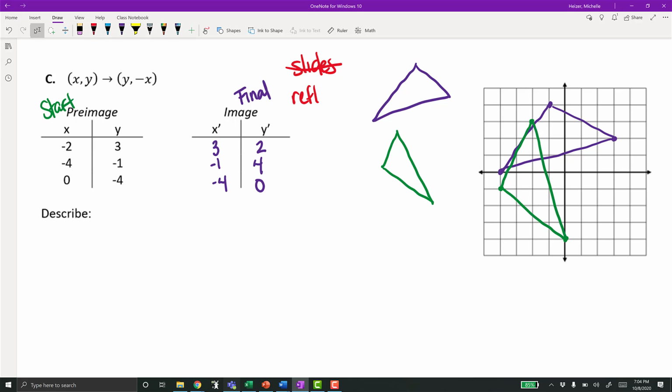So now I want to say, could I twist this in some way? And so actually I could. If I was to take my paper and just twist it a little one way or the other, I could actually make the one triangle look like the other one. So this we want to say that it twists. Or you could say rotates.